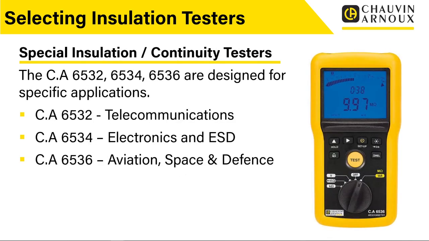Now, we have got testers very similar to the ones we just looked at, also part of the 6.5 range, but this is the 6532, 6534 and 6536, and these are designed for specific applications. Sometimes if you're working in a particular field, you don't want all the extra features. You just want it to be very good at doing what you're working on. The 6532 is designed specifically for telecommunications applications, so testing at 50 volts and 100 volts DC.